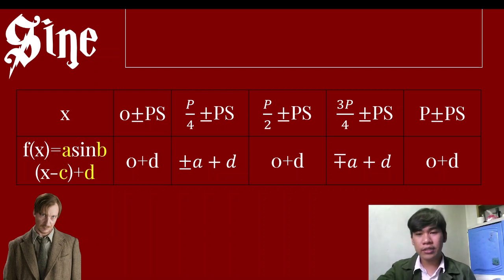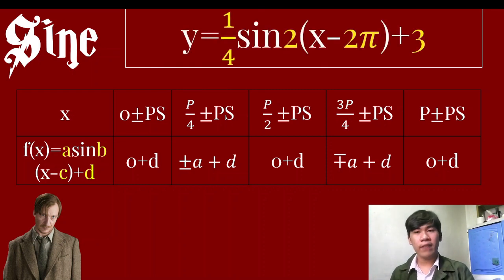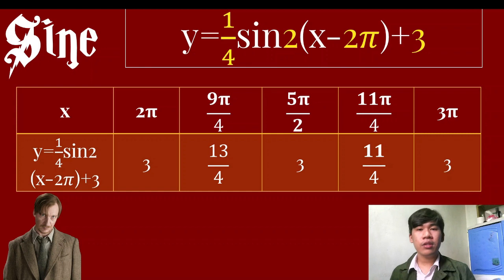Now let's try to get the intercepts of the previous example. Y is equal to 1/4 sine 2 times the quantity of x minus 2 pi plus 3. We would substitute the values of phase shift, period, a and d to get these values. For the x-intercept, 2 pi, 9 pi over 4, 5 pi over 2, 11 pi over 4, and 3 pi.